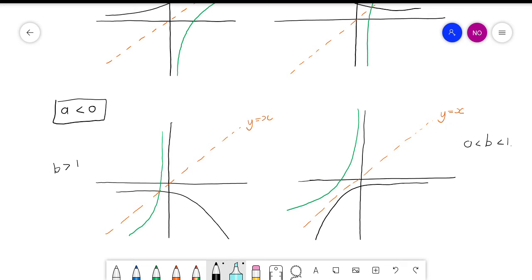Okay, so each time the black graph is the original exponential graph and the green graph is the reflection.